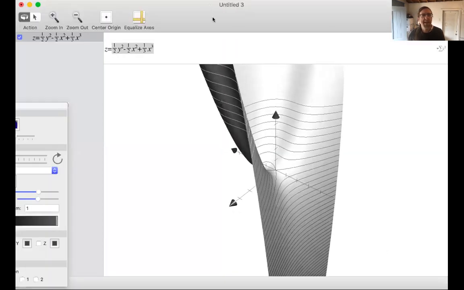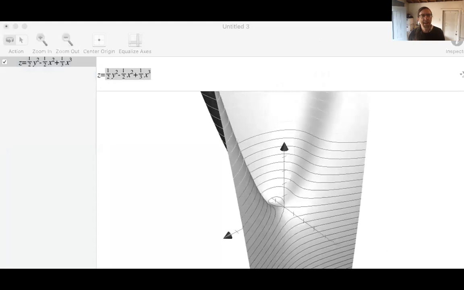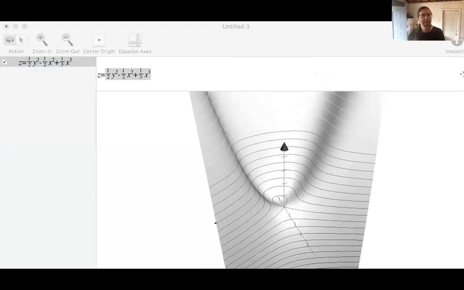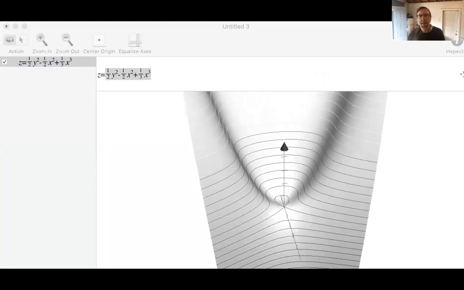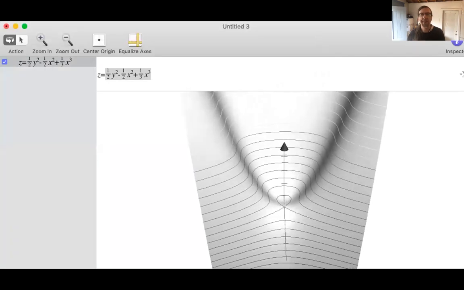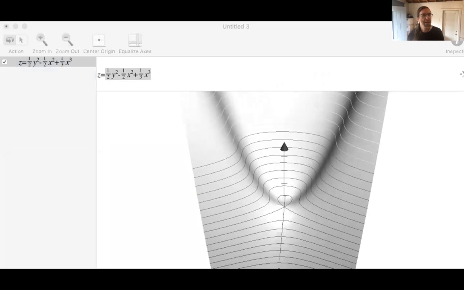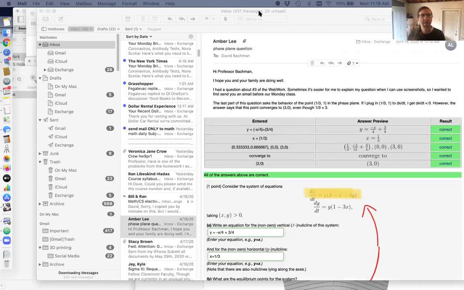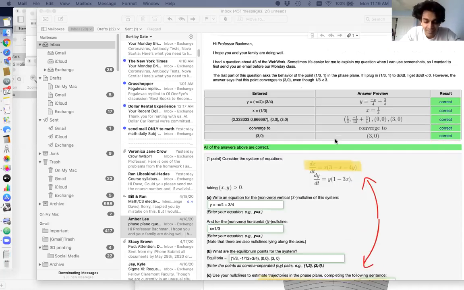Oh, don't look at that yet. Okay, let's just type this in. What are you all seeing? Oh, you're seeing that window. I don't want you to see that window. Damn it. All right, hold on. You seeing my email now? Yes. Okay. Here's Amber's email.